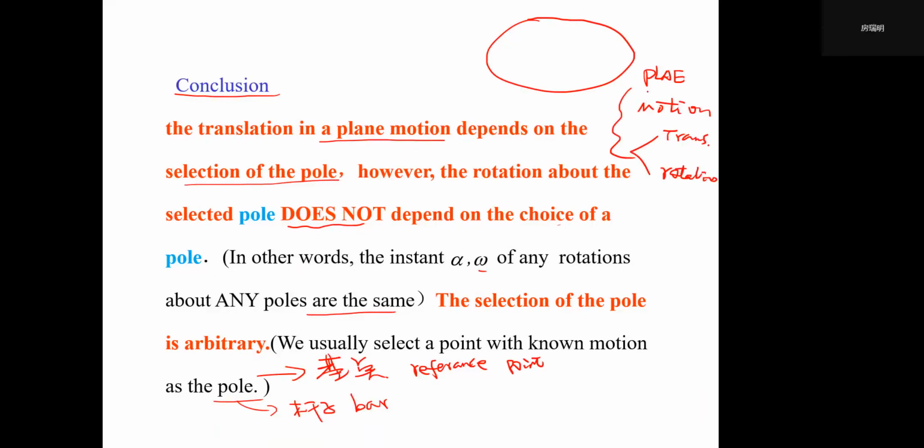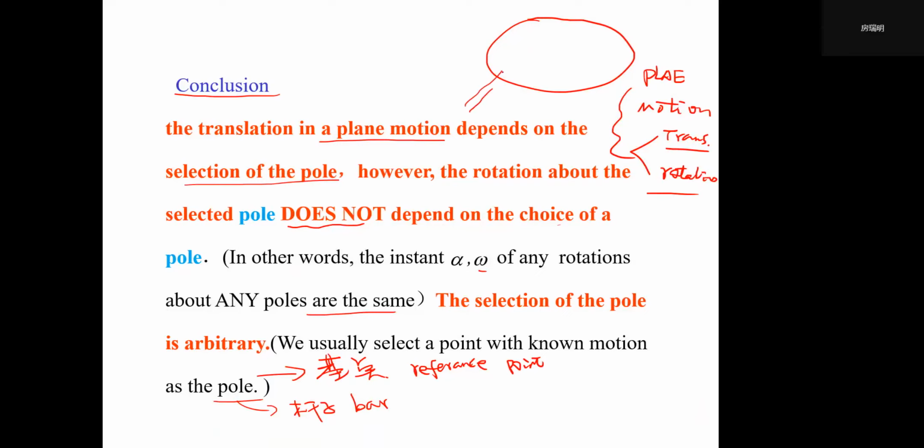Since this plane motion is very complicated, if we try to analyze its motion, we should select some useful method to simplify it into two simple parts.